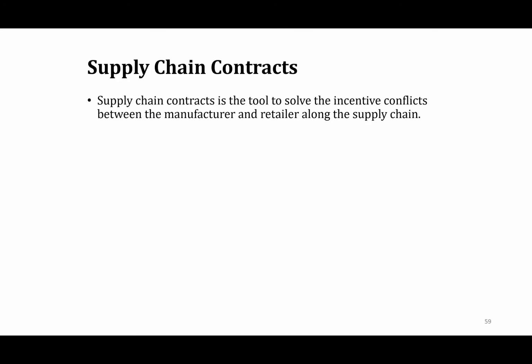So then we saw that supply chain contracts is actually the tool which is used to solve the incentive conflicts between the manufacturer and the retailer along the supply chain. Okay, so there are these incentive conflicts: the manufacturer wants to increase their wholesale price, the retailer wants to reduce the wholesale price that they give to the manufacturer.